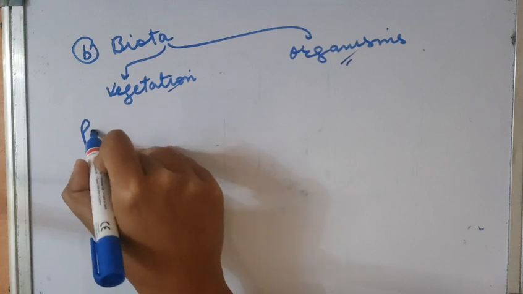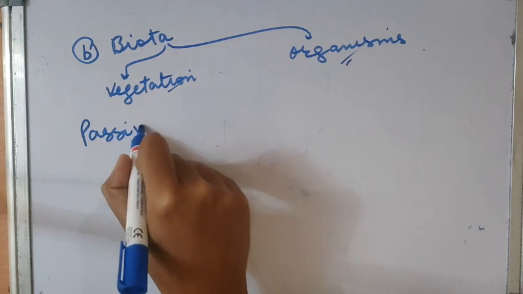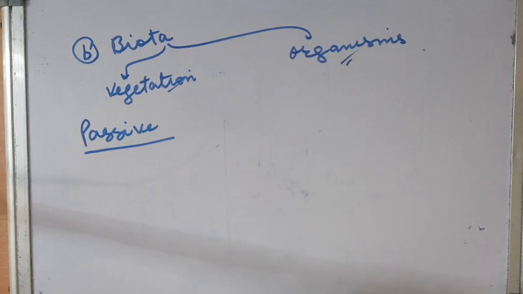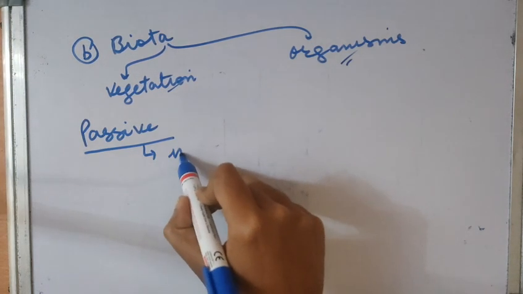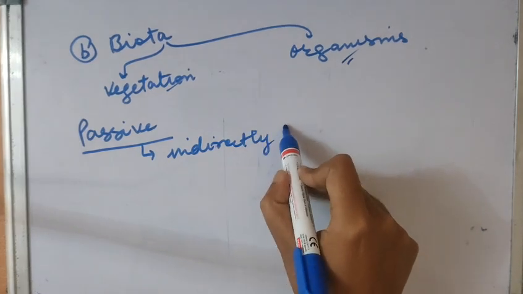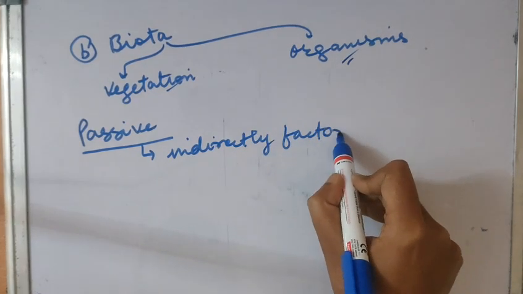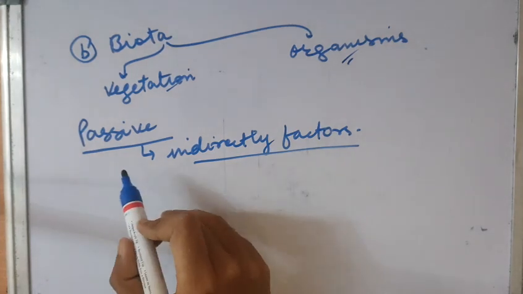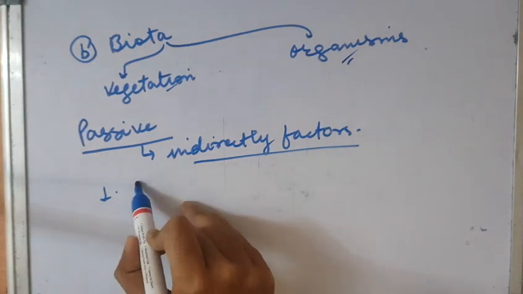Now we are going to passive factors. We have got three passive factors, and these are indirect factors. They are not directly observed, but indirectly they can be observed. So first of all is parent material.